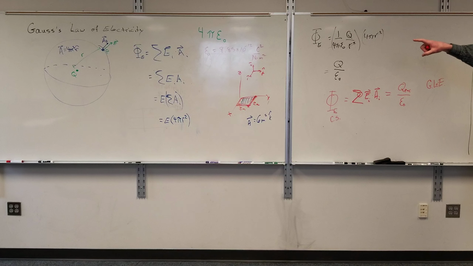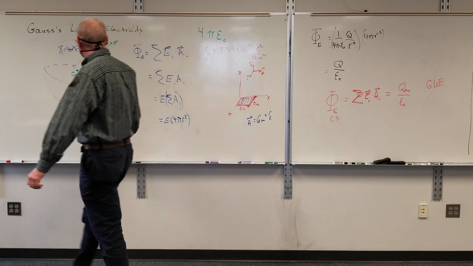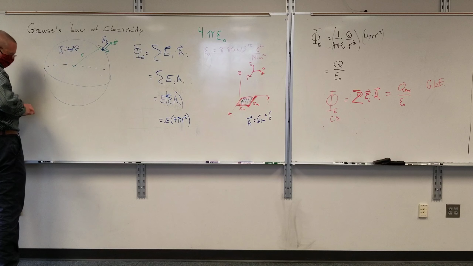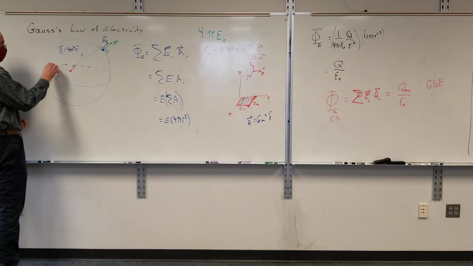So, for this particular surface over here, for my sphere, we had that charge smack dab in the middle. And now I come along and I smack this charge, so it is now over here. Now the radius of my sphere is still r, that hasn't changed, but I now have q over here.